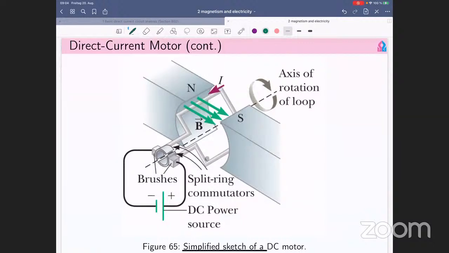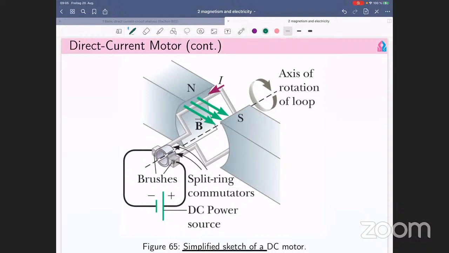I have several types of figures so that you would understand. All right, yeah, here they just connect the positive side of the battery or any direct current power source to this one, and this one is called a brush, right? And when you have two of them, you would say there are two brushes, right?